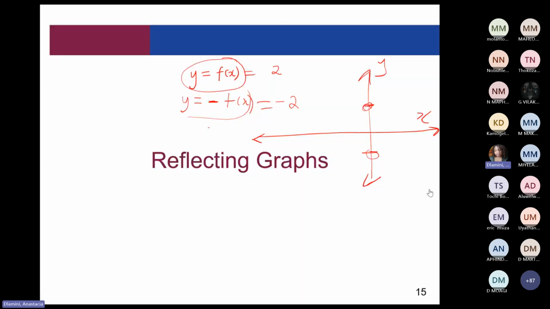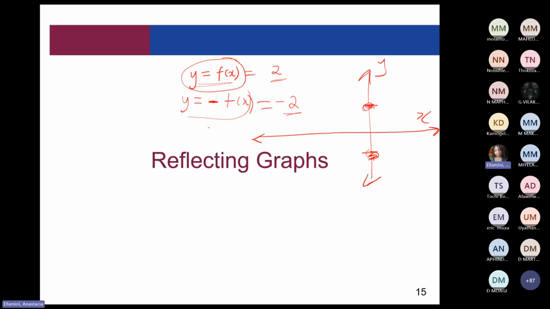Are we all together there, guys? I am saying that we had initially y equals f of x. Let's say f of x is 2. Now, if I put negative next to f of x, I get negative 2. Do you agree? Which line did I jump, from here to here?